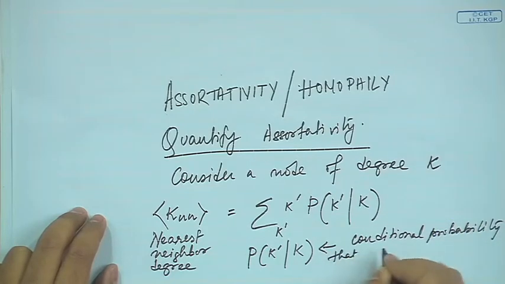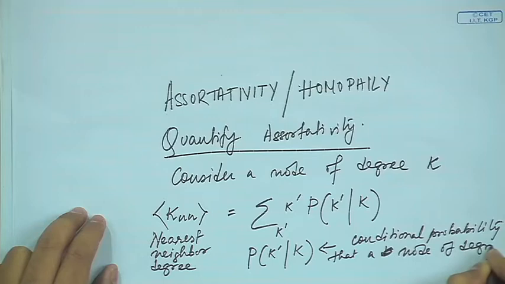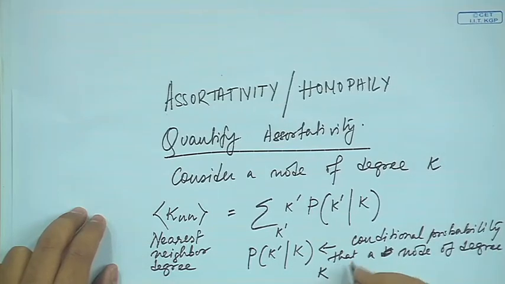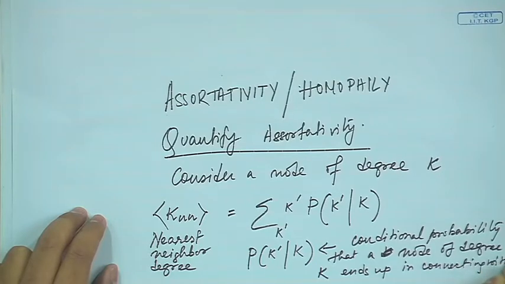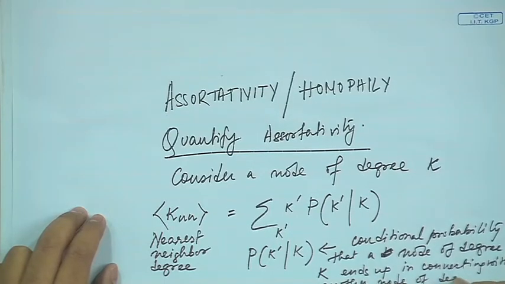where P(k prime given k) is nothing but the conditional probability that a node of degree k ends up connecting with another node of degree k prime.